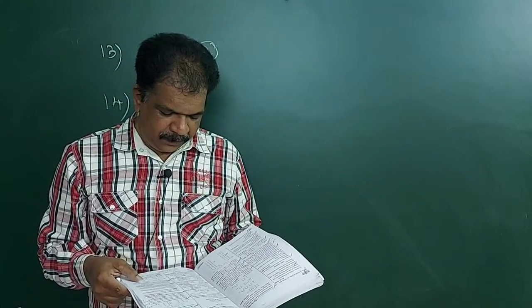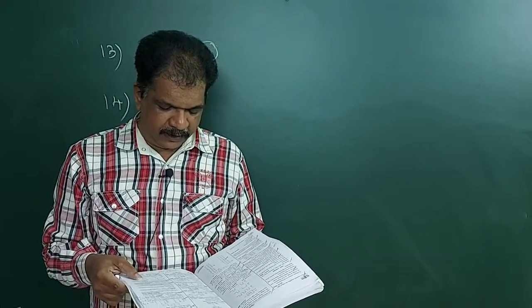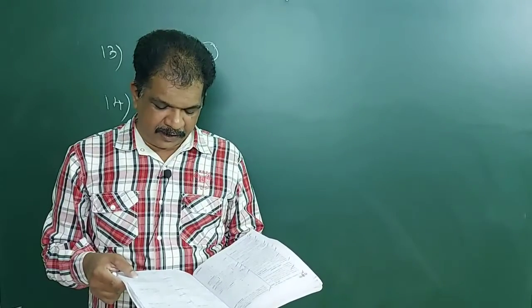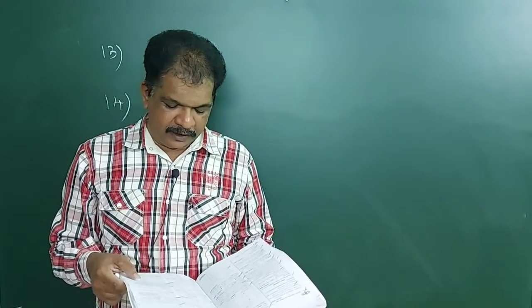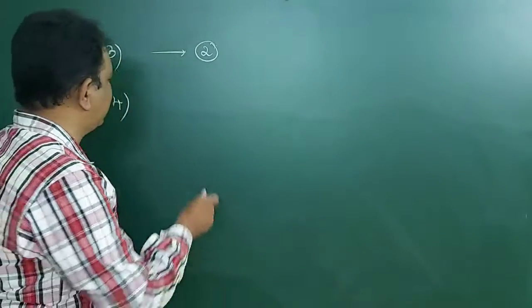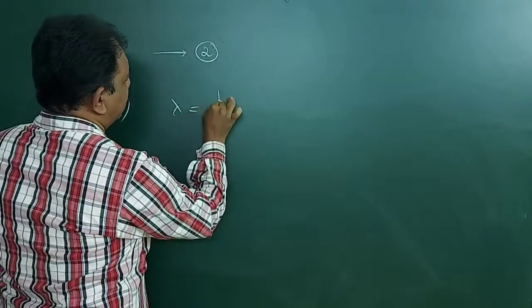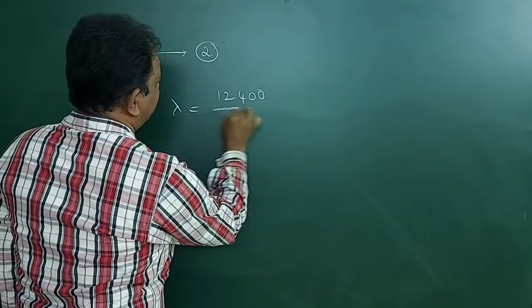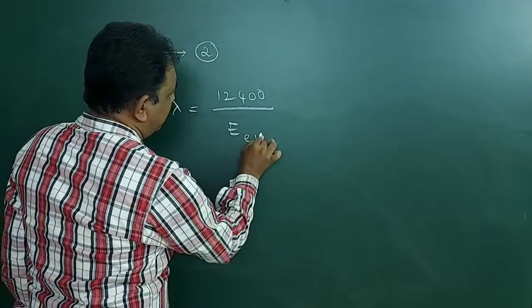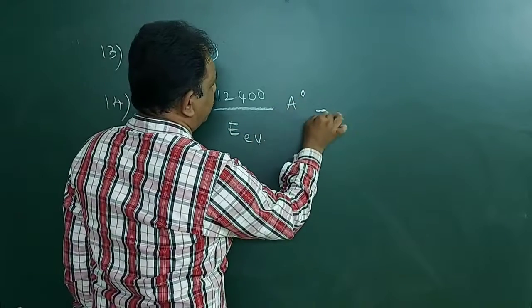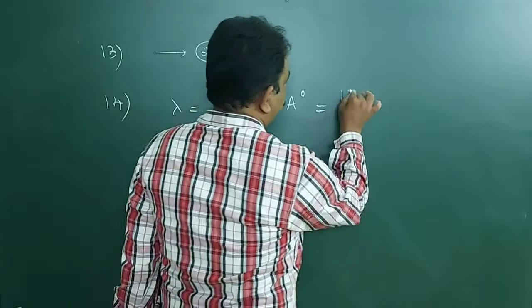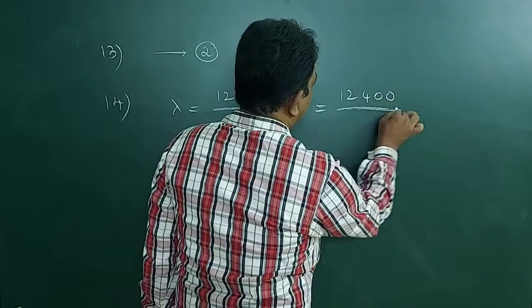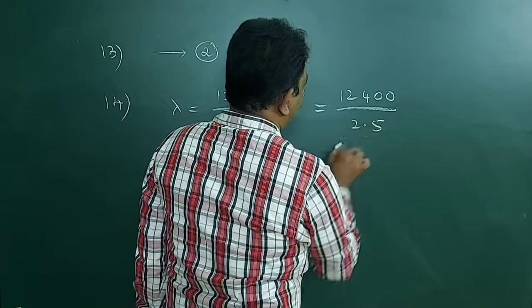A PN photodiode is fabricated from a semiconductor of band gap 2.5 electron volt. What wavelength of signal can it detect? Lambda is equal to 12,400 by E, where E is in electron volt and lambda will be in angstrom unit. So 12,400 by 2.5.